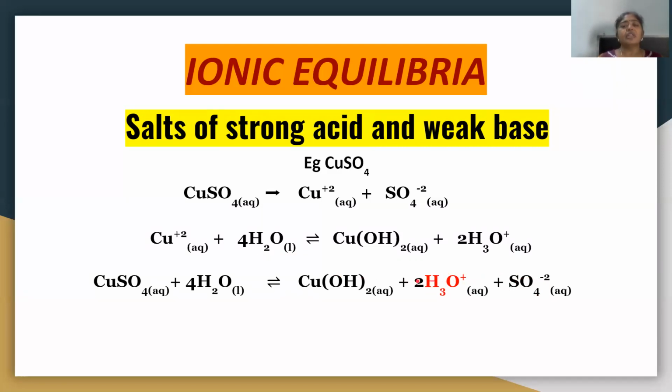That means the final solution will contain these particular reactants and products. So the reactant will be CuSO4, which is unionized, then water which you have already taken in excess. It forms copper hydroxide by reaction between the copper ions and the hydroxyl ions, and the sulfate ions which have not reacted with the water because they form sulfuric acid and once again split up to form the hydronium ions and sulfate ions.